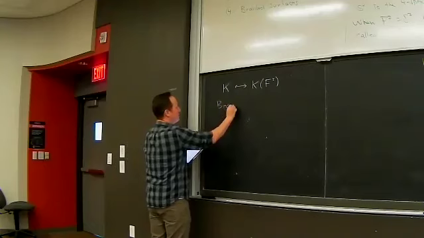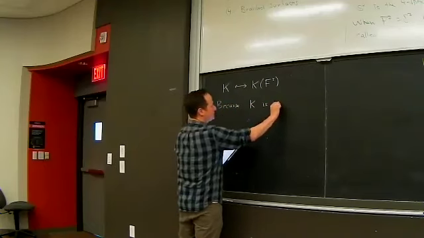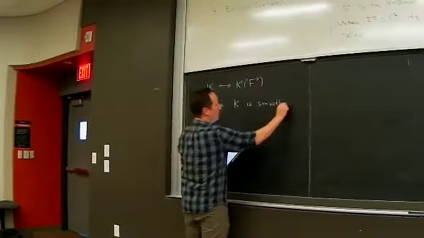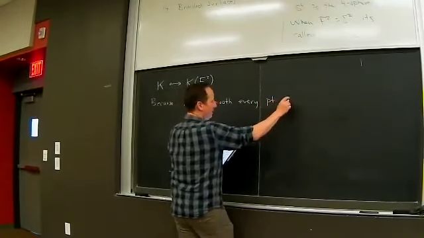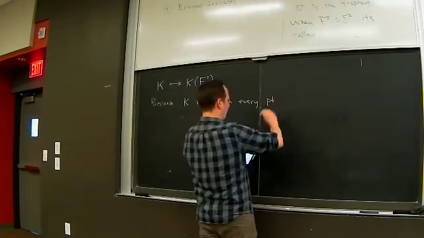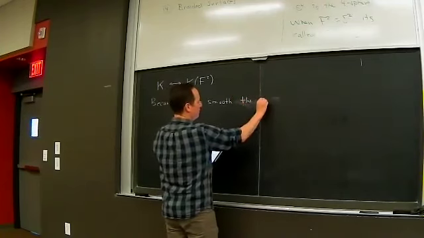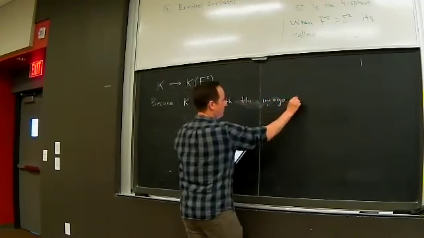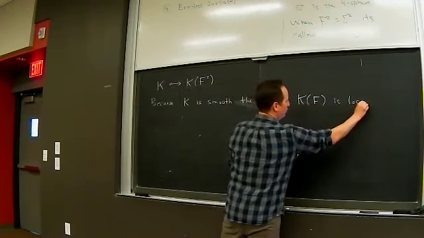Okay, so because K is smooth, the image of K is locally flat.